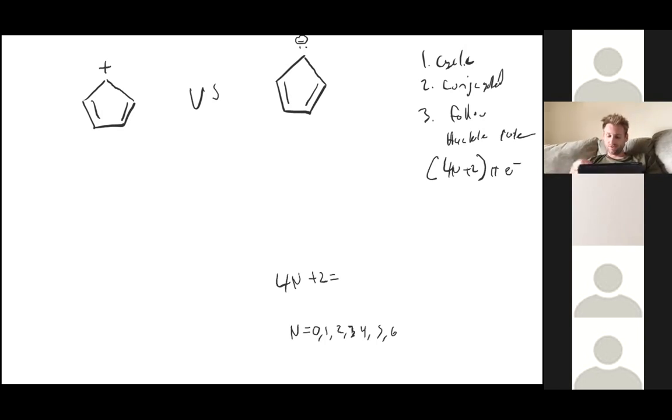At n equals 0, this would have 2 pi electrons. 1 times 4 plus 2 is 6. 2 times 4 is 8, plus 2 is 10. 3 times 4 is 12, plus 2 is 14. 18, 22, 26, etc. These are going to give us all of our aromatic compounds.